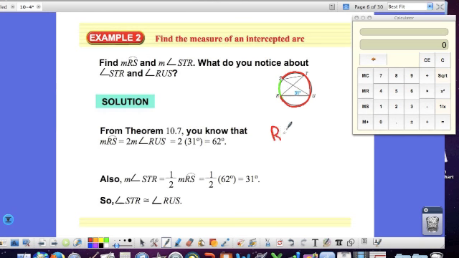Arc RS is going to equal 62 degrees because that's twice this measure. Arc STR is going to be 360 minus 62. I should be able to do this in my head. That's 298 degrees for arc STR.